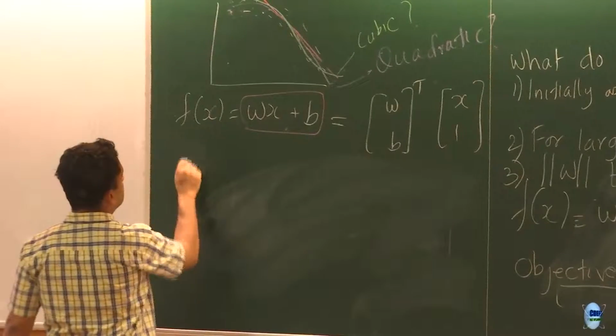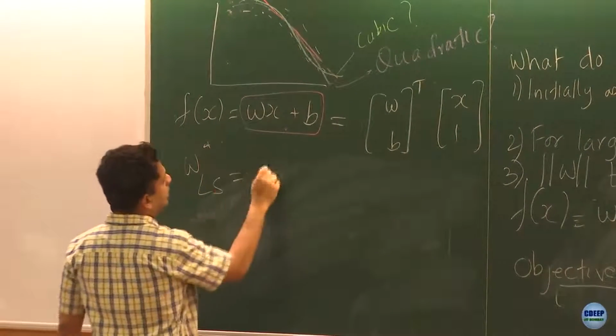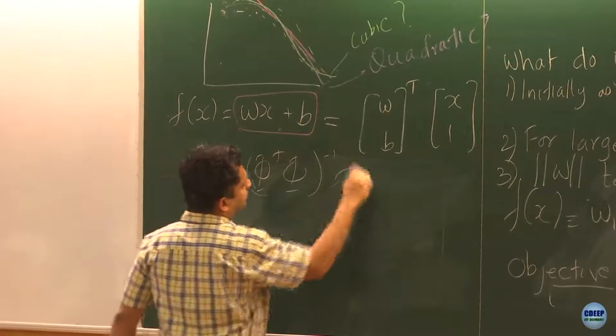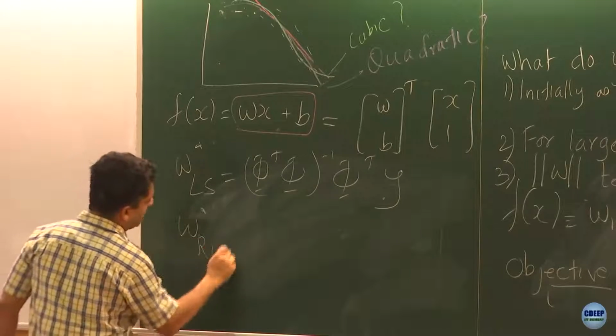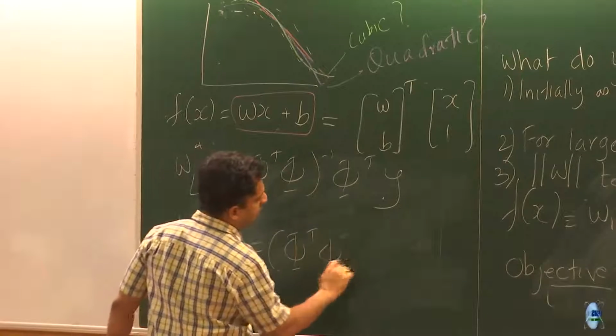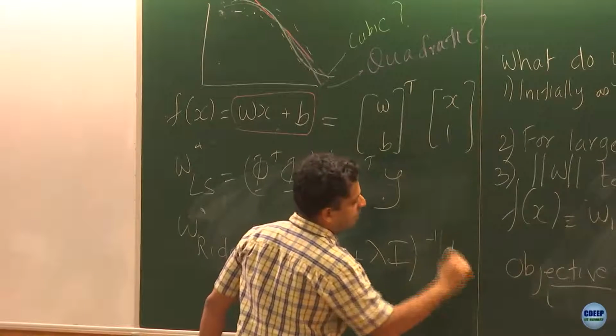W least squares was phi transpose phi inverse phi transpose y, and W ridge is phi transpose phi plus lambda I inverse phi transpose y.